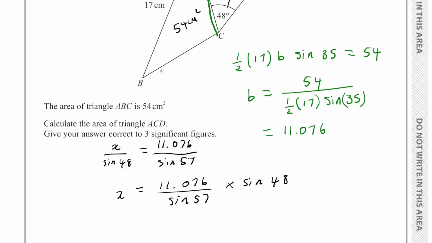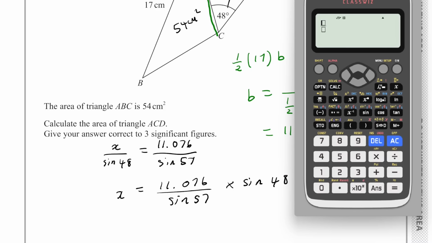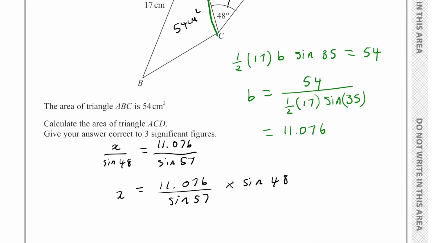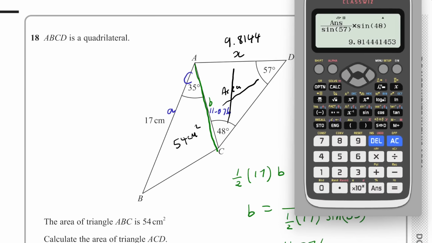So just type it in the calculator again: our last answer over sine 57 times sine 48, 9.8144. So that's our other length, 9.8144.